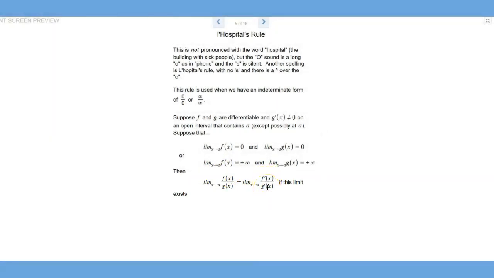This can be a little dangerous if you think back to the quotient rule for differentiation. Remember, when you find the derivative of a quotient, you don't just take the derivative of the numerator and the derivative of the denominator. There's that quotient rule. But with L'Hopital's rule, in the context of finding a limit, that's exactly what you do. You take the derivative of the numerator and the derivative of the denominator.